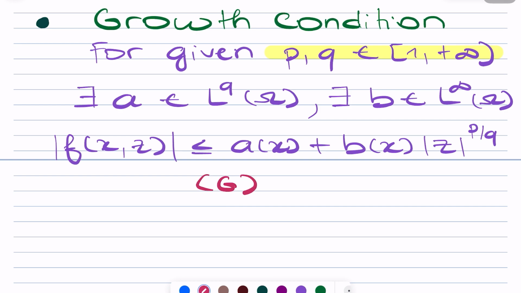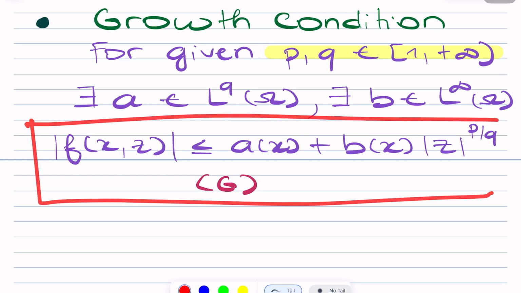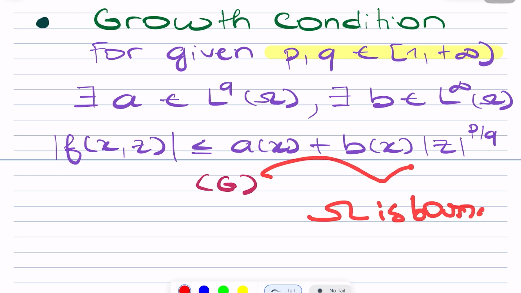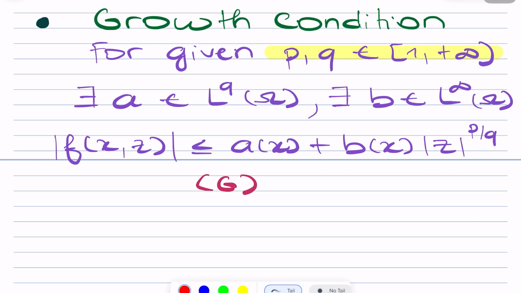Weaker in the sense that if this growth condition holds, then I'm sure that F is in L^q of omega, because a is in L^q, remember our domain omega is open and bounded, b is in L infinity, and this to the power p over q is in L^q, of course.